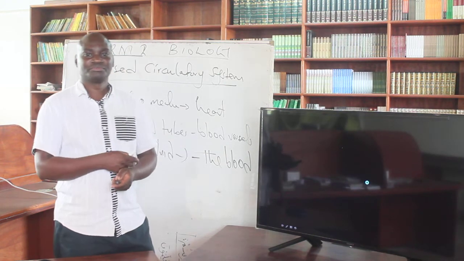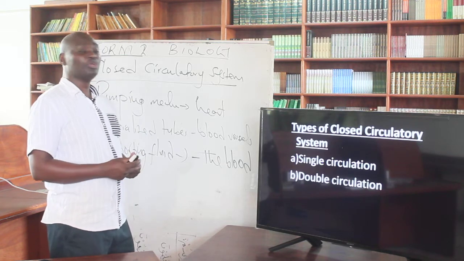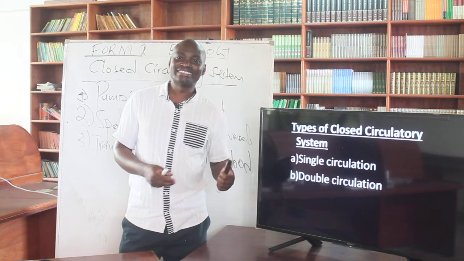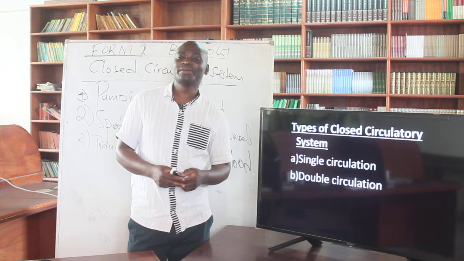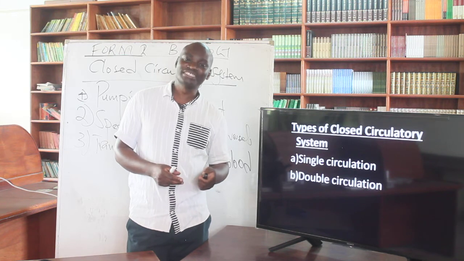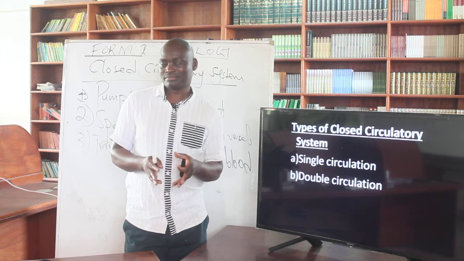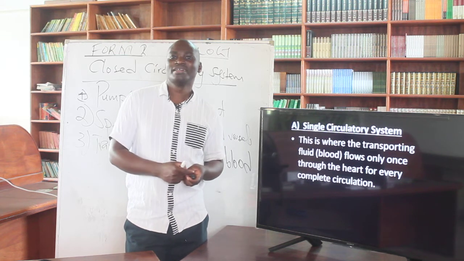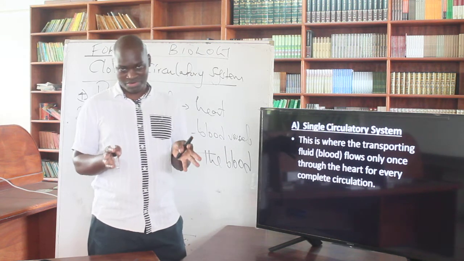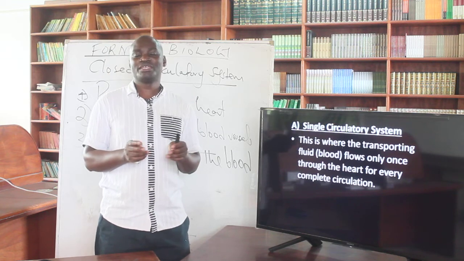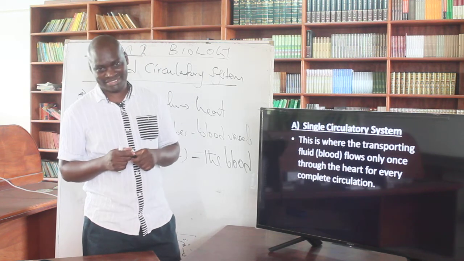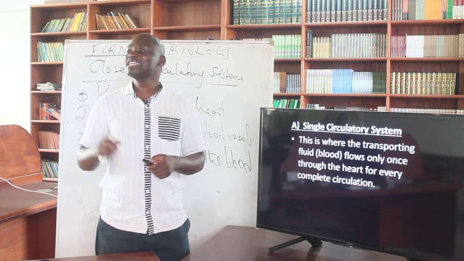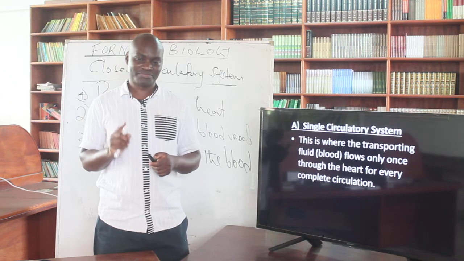Now, moving ahead again, we have two types of closed circulatory system. One is the single circulatory system and the other is the double circulatory system. In a single circulatory system, the transporting fluid, now we are talking of the blood, flows once through the heart for every complete circulation.